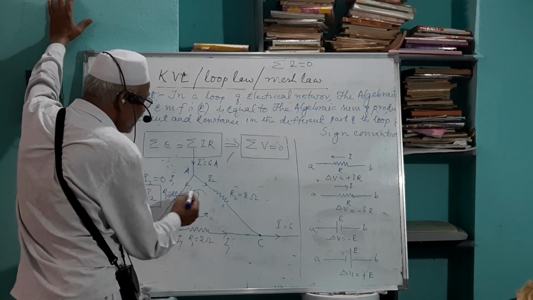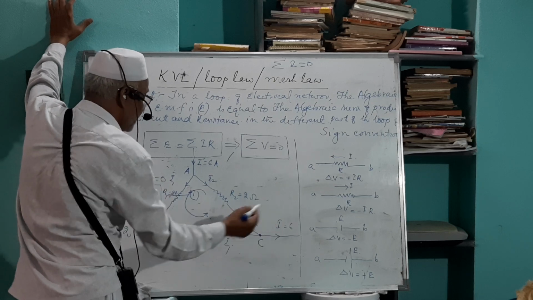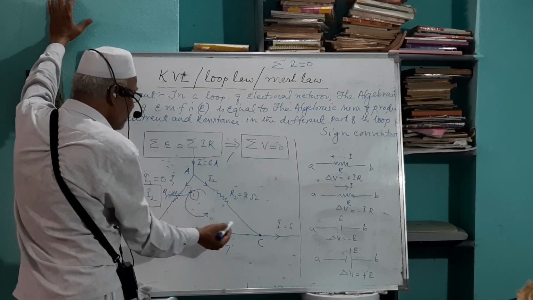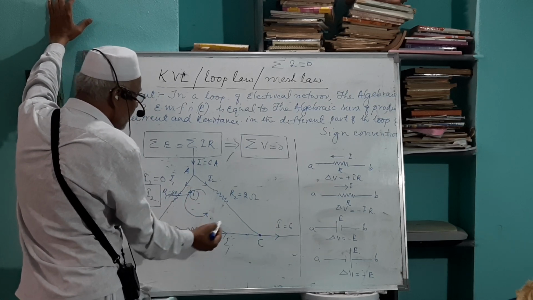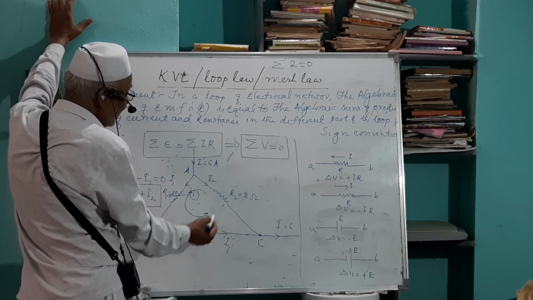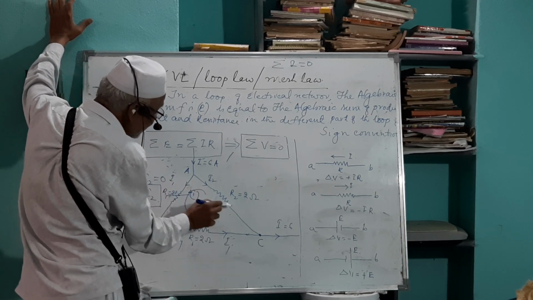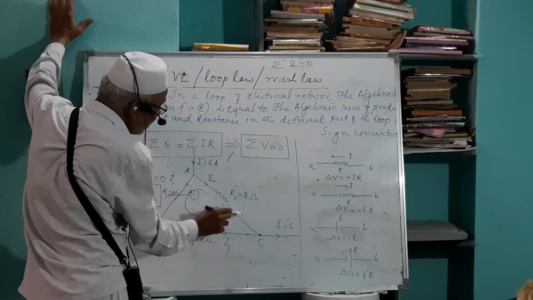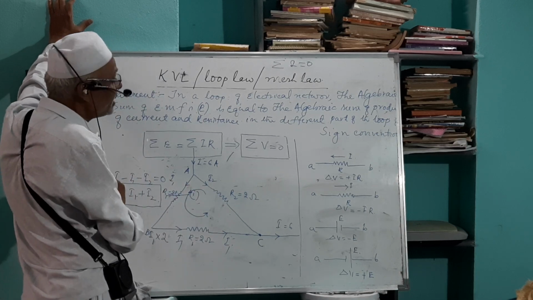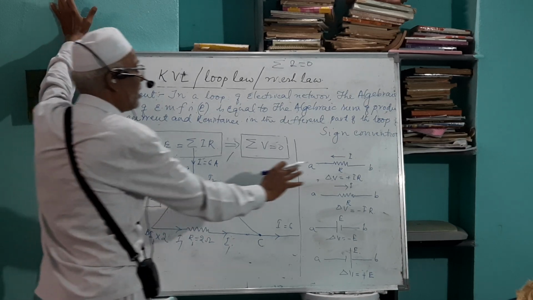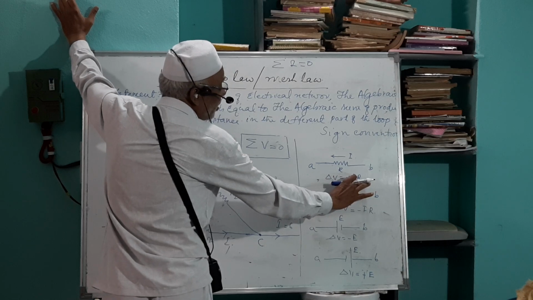Now you come to this side, since this is a closed loop. Here you are rotating this mesh in the anti-clockwise direction, but in this branch the current is coming opposite to it. If that is the case, the IR product is taken to be positive.